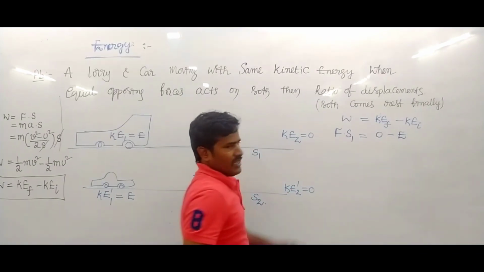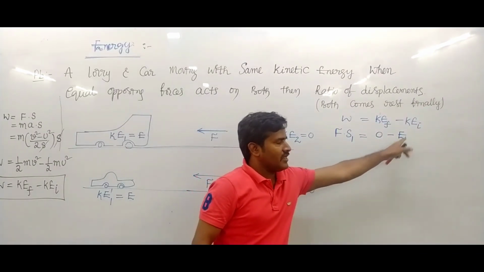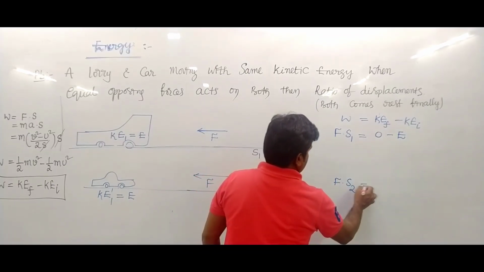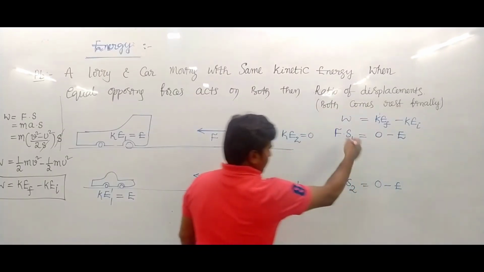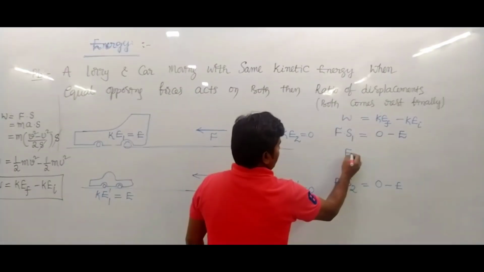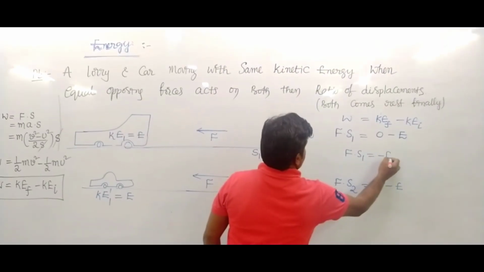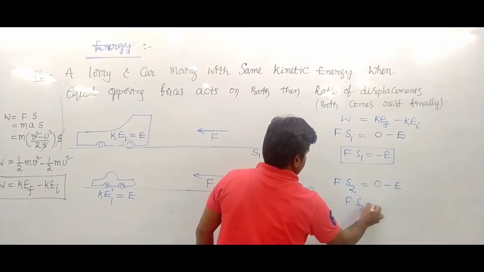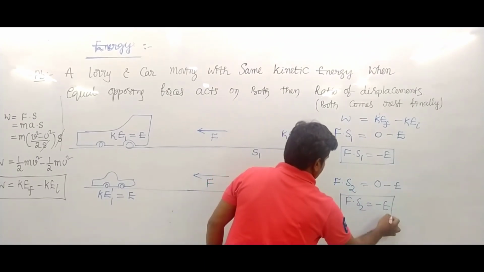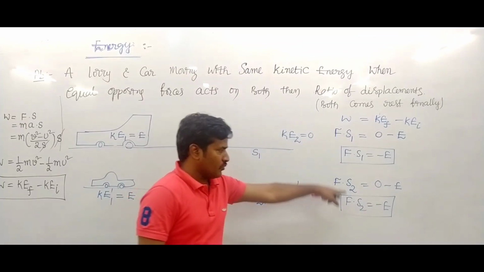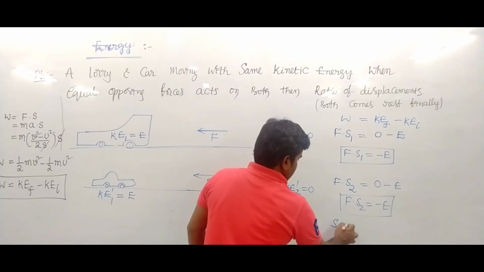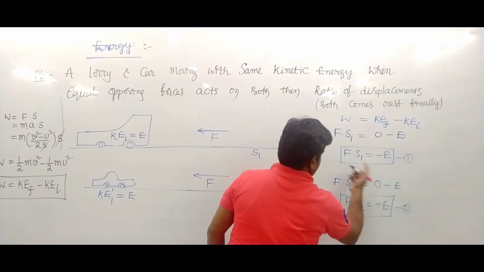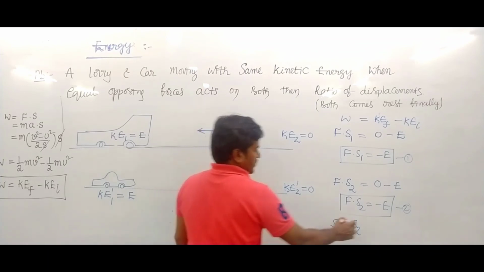So F S1 equals 0 minus E. Same for the car, F S2 equals 0 minus E. So both conditions give F S1 equals minus E and F S2 equals minus E. Then S1 is equal to S2.